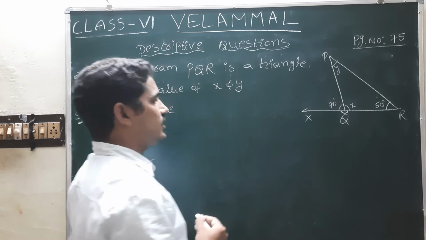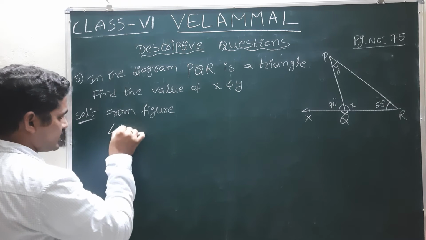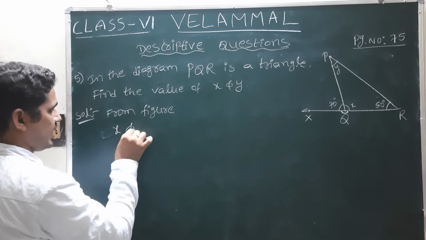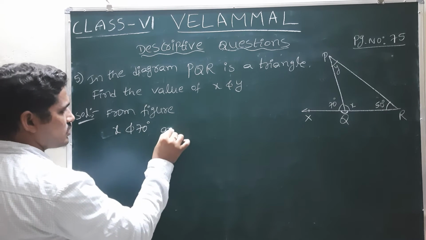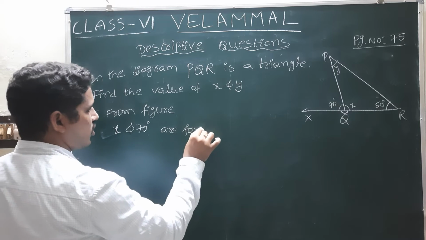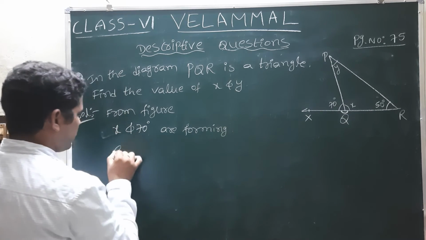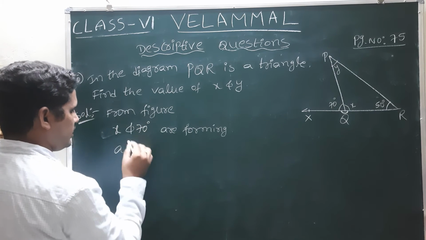And from the figure, angle x and 70 degrees both are forming a linear pair.